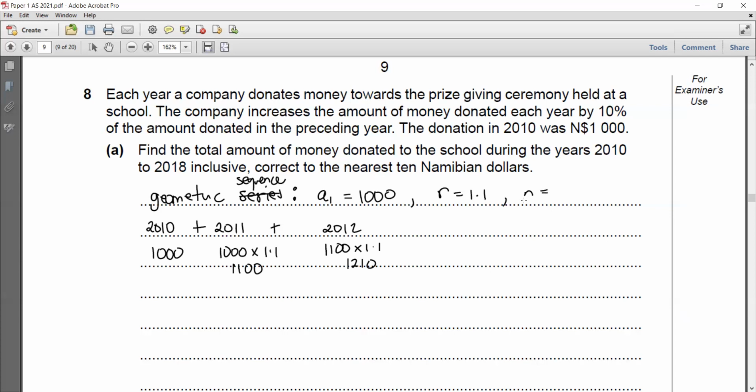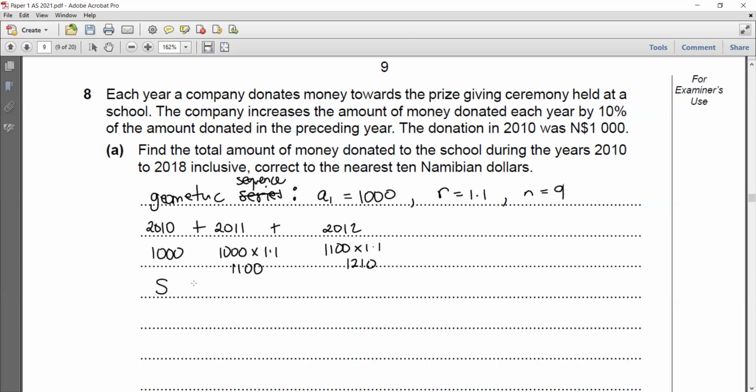So you count from 2010 to 2018. How many years is that? That is 9 years. So N is equal to 9. So what we are in fact asked to find is S9.